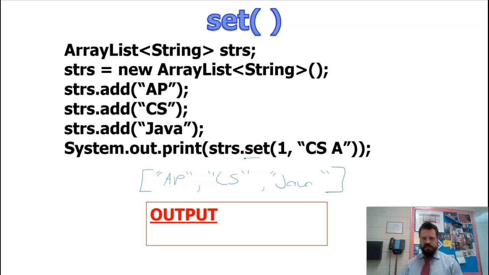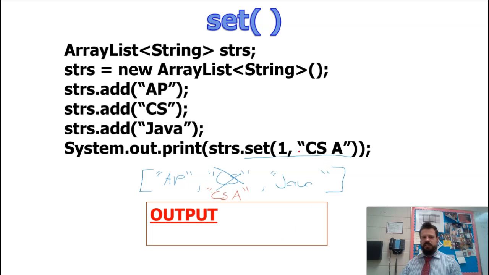And when I call this set method here, once again, it's going to replace what's at that index 1 with the CSA here, with what we want to replace it with.